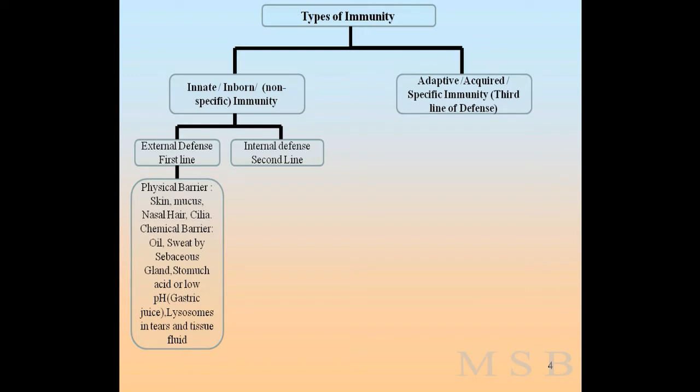Let us see how the first line of defense protects us from pathogens. Skin is considered the largest organ of the body. It prevents pathogens such as bacteria and viruses from entering the body. It also provides chemical barriers and biological barriers.